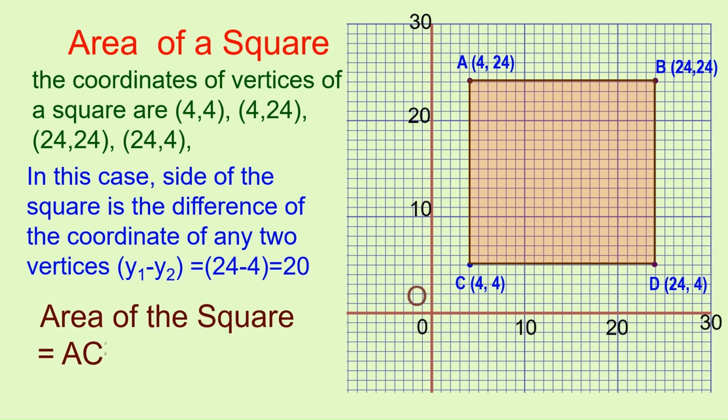Area of the square equals AC squared equals 20 squared equals 400.